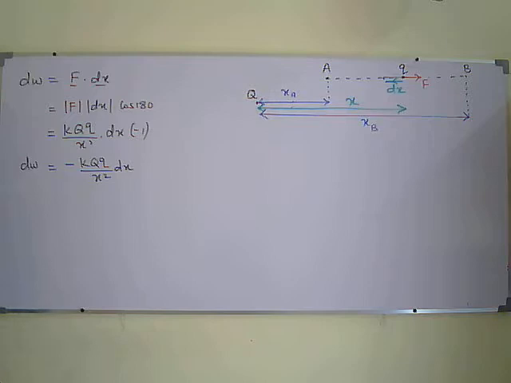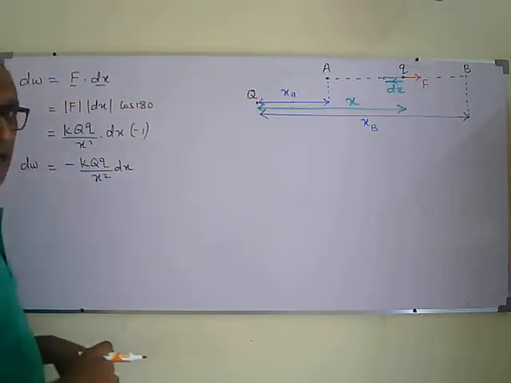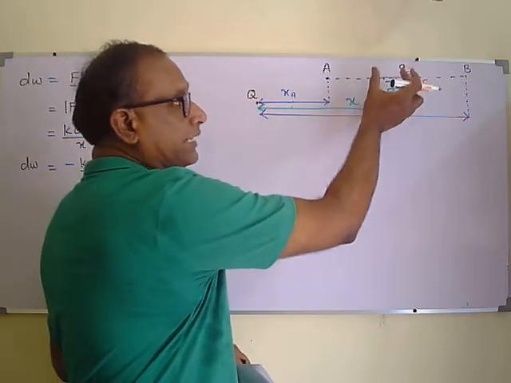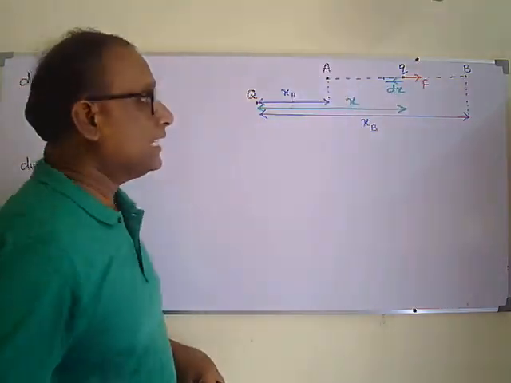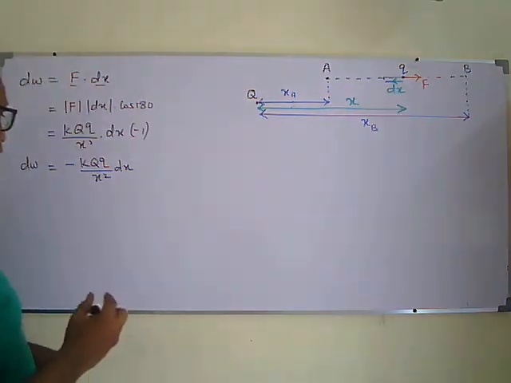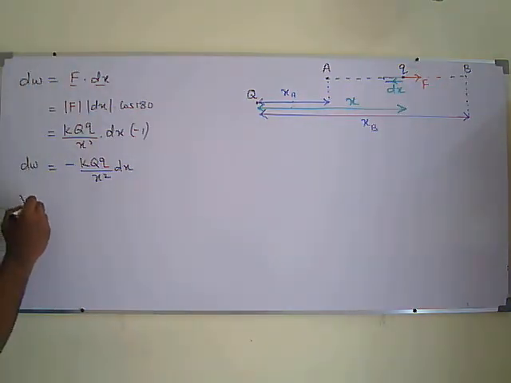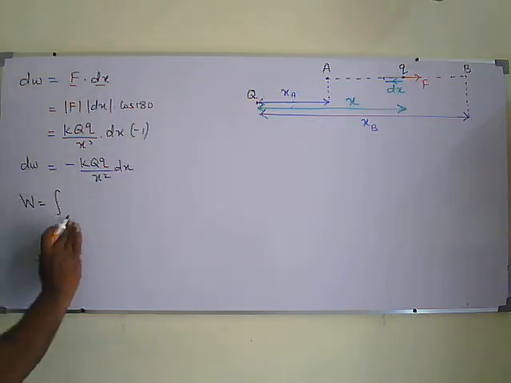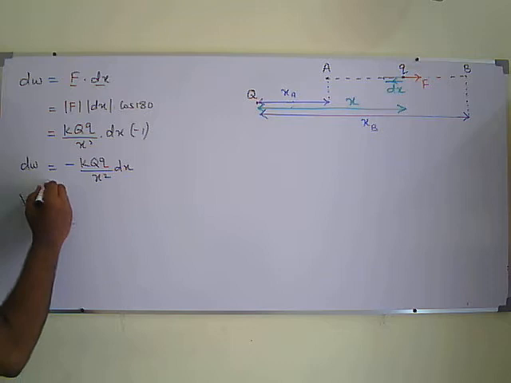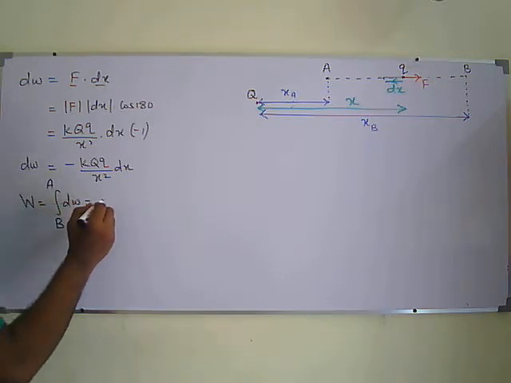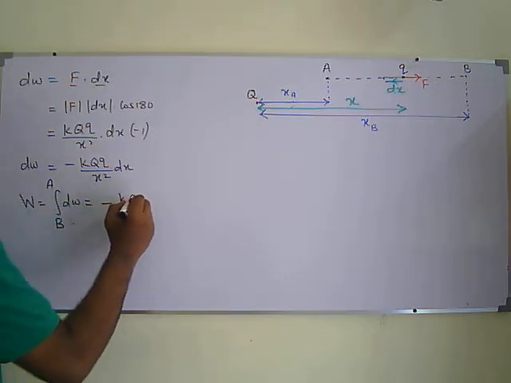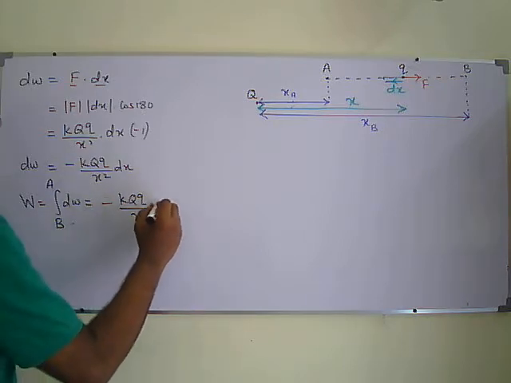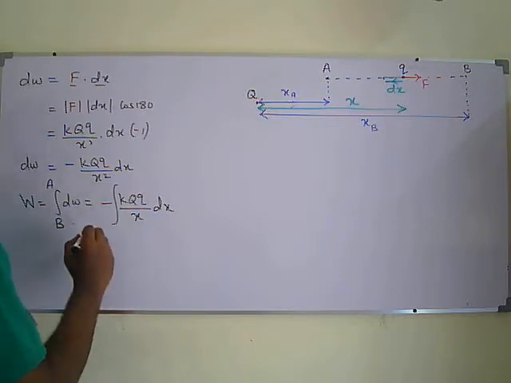Okay, so the total work done means summation. Work is a scalar quantity, so we just need to add all the work done when it moves from B to A. So summation means integration. So I can say the total work done is equal to the integration from B to A of dW, that is minus kQq over x squared dx.